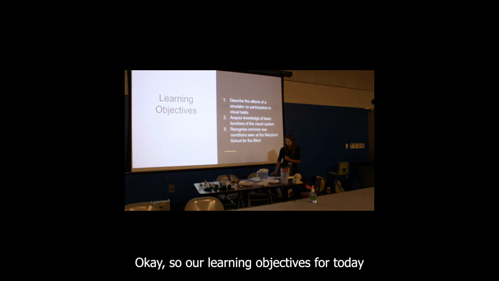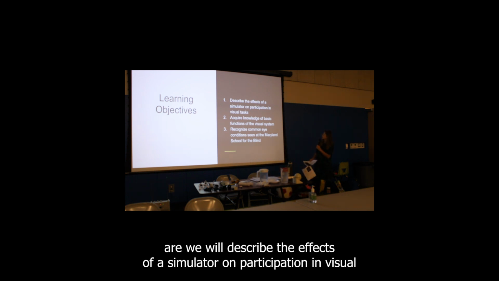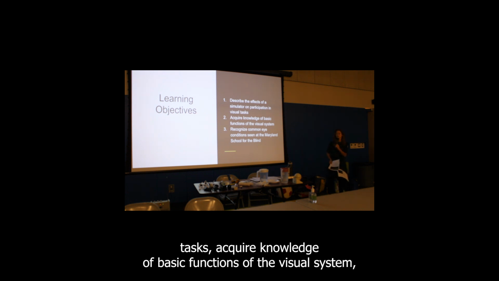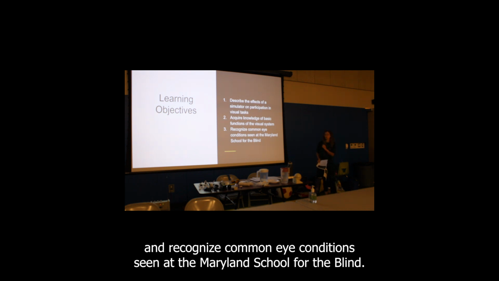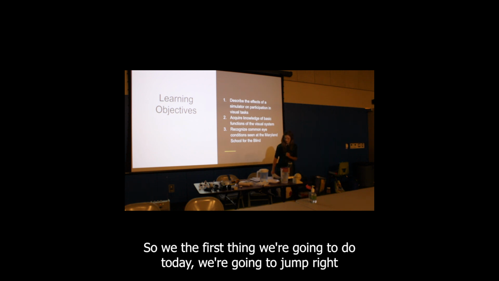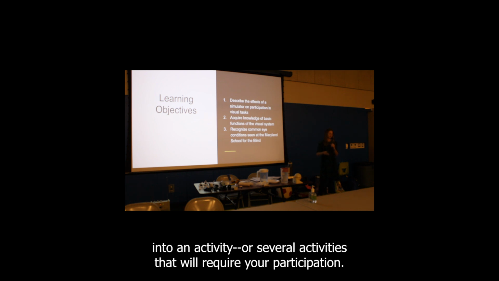Okay, so our learning objectives for today are: we will describe the effects of a simulator on participation in visual tasks, acquire knowledge of basic functions of the visual system, and recognize common eye conditions seen at the Maryland School for the Blind. So the first thing we're going to do today is jump right into an activity, or several activities that will require your participation.